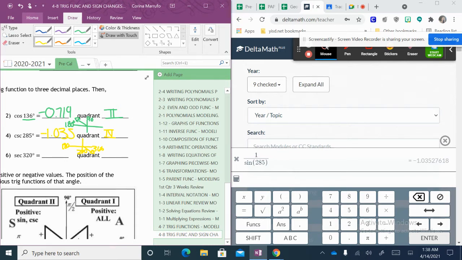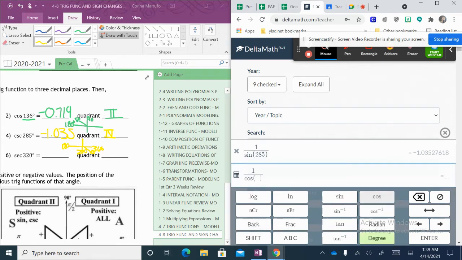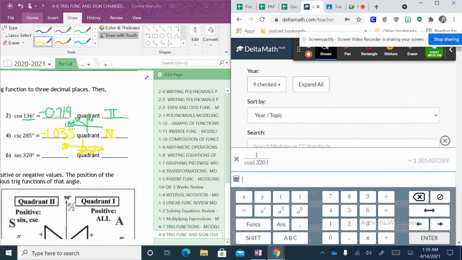And then the last one is secant of 320 degrees. The opposite of secant is cosine. So 1 divided by function cosine of 320. Enter, and it gives you 1.305. This one, 320, is going to land in quadrant 4 because 270 to 360 is our quadrant 4.